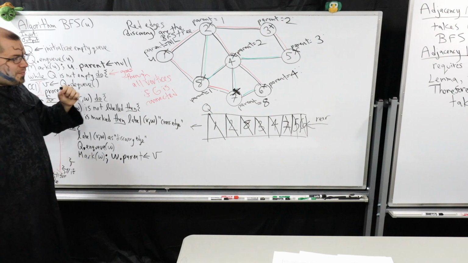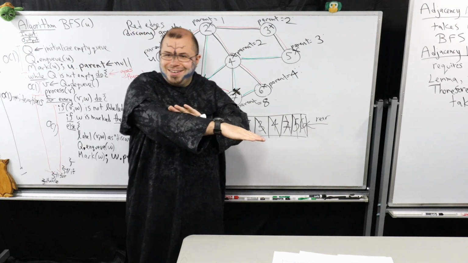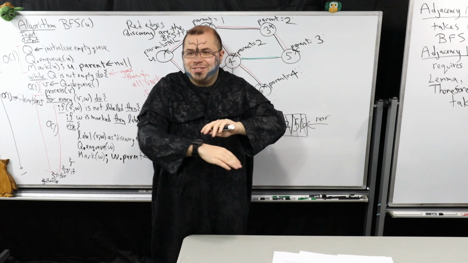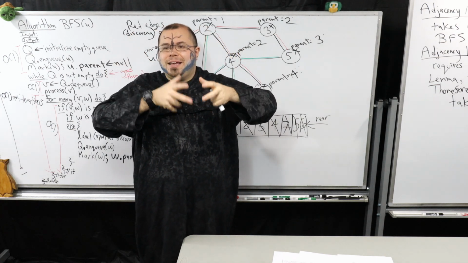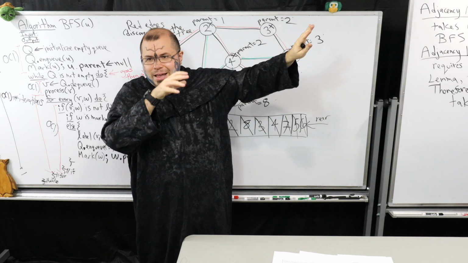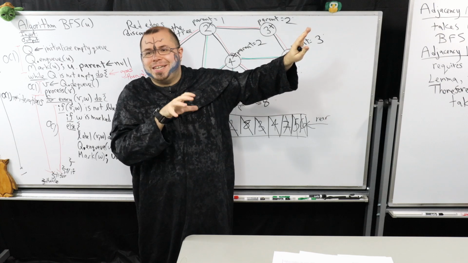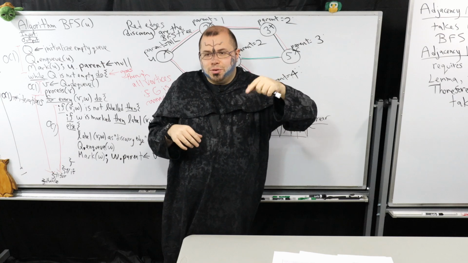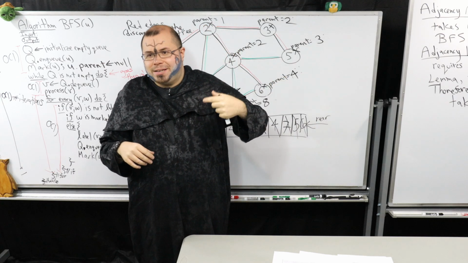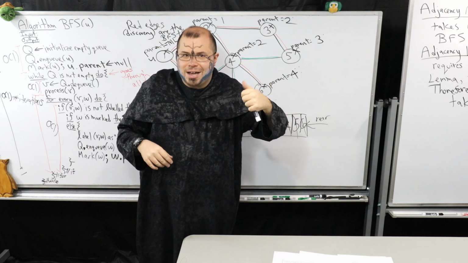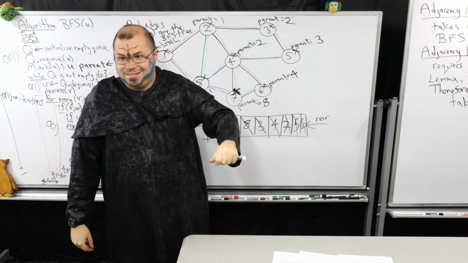But in a DFS tree, because we go depth-wise in, if you look at the DFS tree and ask yourself what exactly is the opposing endpoint? If I have my marked one I've already seen, and then I look at the one I've just encountered, and I label that a back edge, what you can say is that the vertex across that back edge is an ancestor of this vertex.